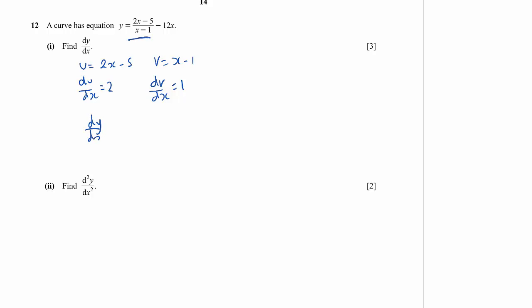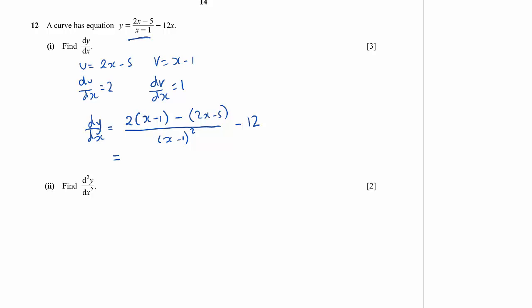So dy/dx here is going to be v du/dx, so that's 2 times (x minus 1), take away u dv/dx, so that's 2x take away 5, over v squared, and then for that term there we just get the take away 12. Now we might be able to tidy this up a little bit.